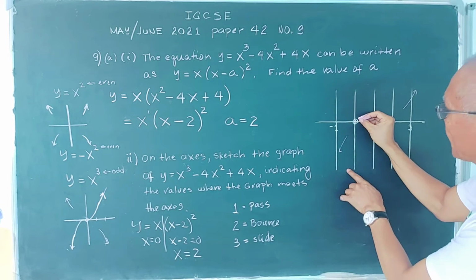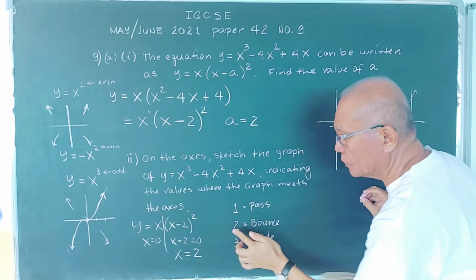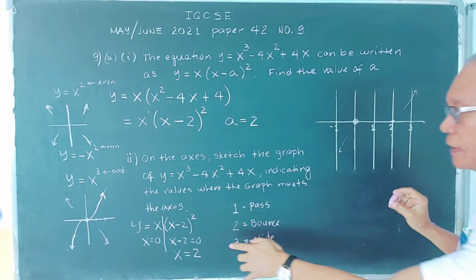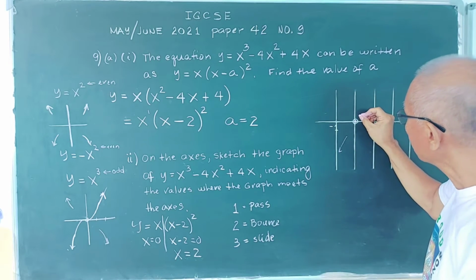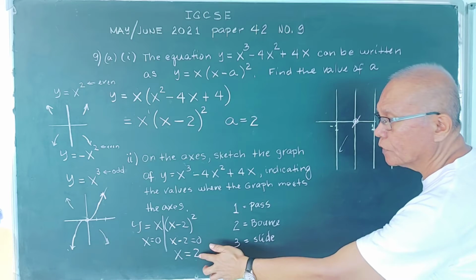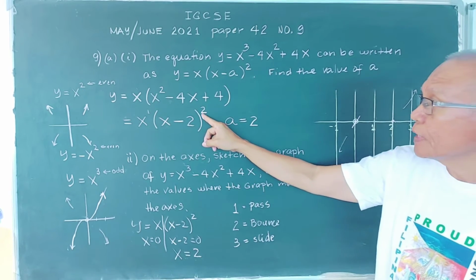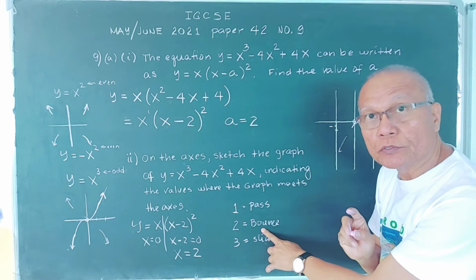So it will pass here on the 0, because that one x is equal to 0. What about on the positive 2? Positive 2, this one is 2, meaning it will bounce.